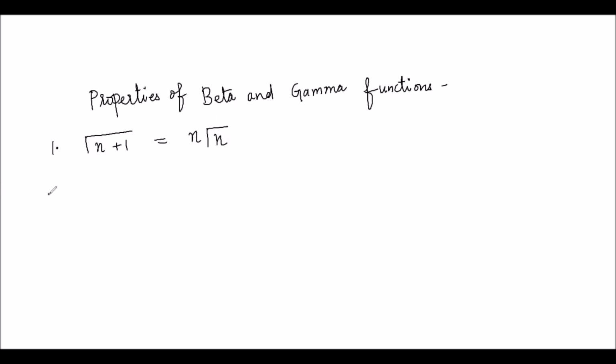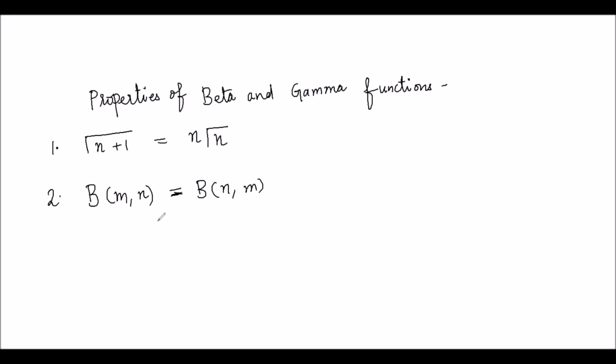So we can easily prove this reduction property with the help of integration. The second property is the symmetry property, and this symmetry property is for beta function. If we are finding the beta of m and n, then this will be same as the beta of n and m. This property can also be proved easily with the help of suitable substitution.